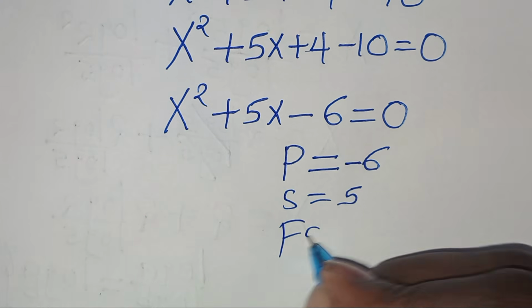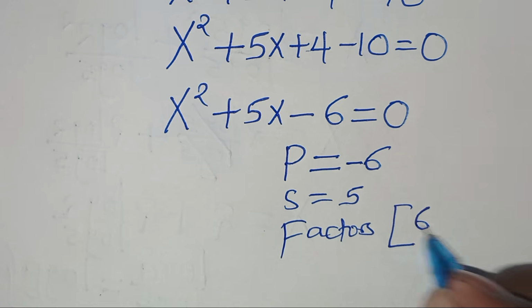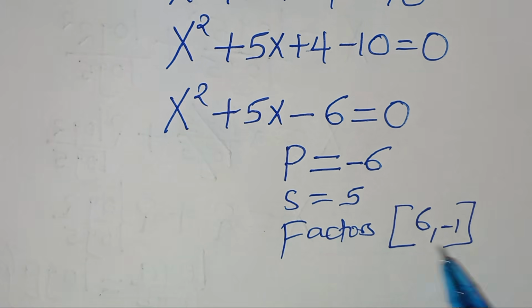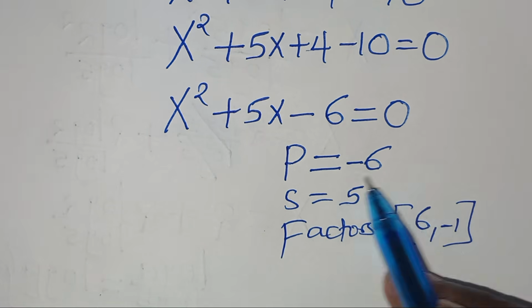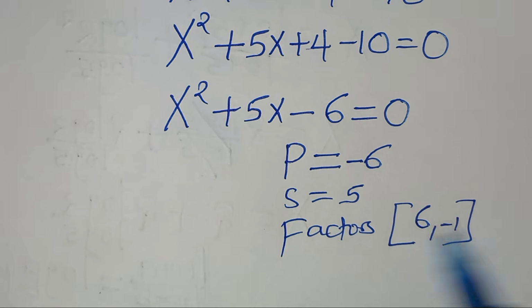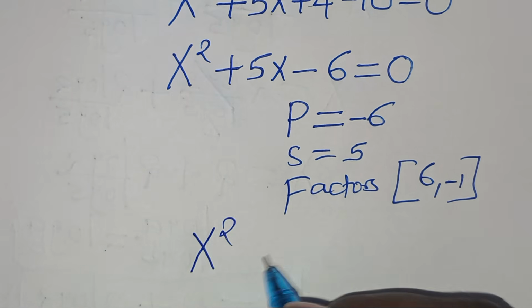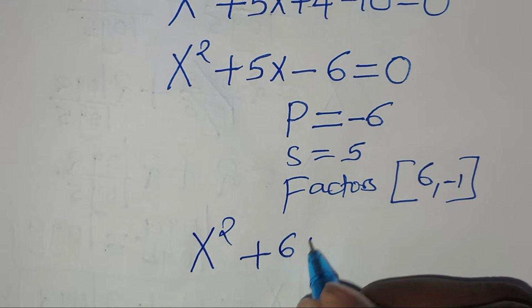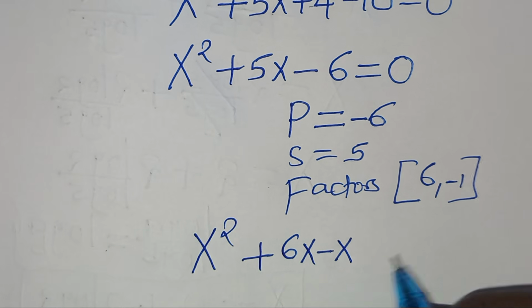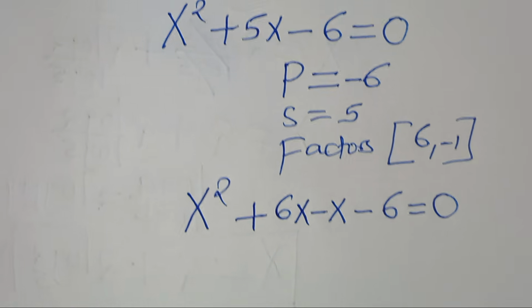So if we identify two factors here, we have 6 and negative 1. So 6 times minus 1 is minus 6, then 6 plus minus 1 is 5. So let's substitute these factors into this equation, so that we have x squared plus 6x, subtract x minus 6, equal to 0.